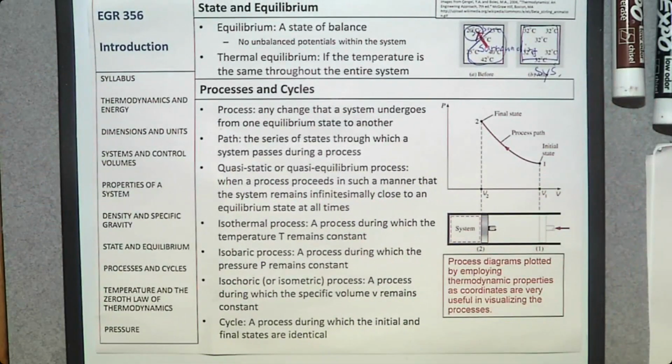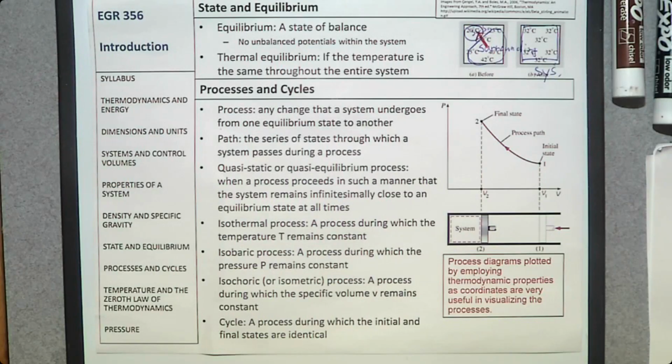Path: the series of states through which a system passes during a process. Oh, yeah, and then quasi-static, quasi-equilibrium process. When a process proceeds in such a manner that the system remains close to an equilibrium state at all times.